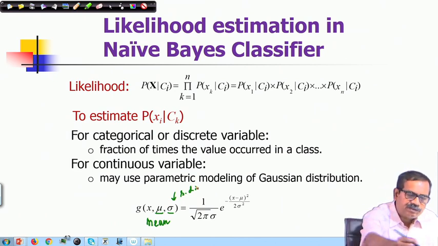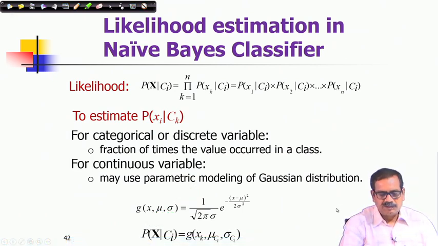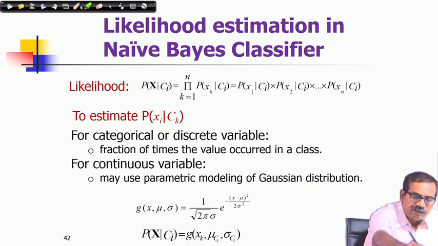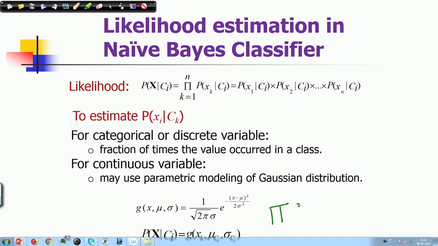These parameters could be estimated, and so this is what you are considering, a product of all these things. In this case I should write it in this way: this is the probability of g of x i, mu i, sigma i, for i equal to 1 to n.